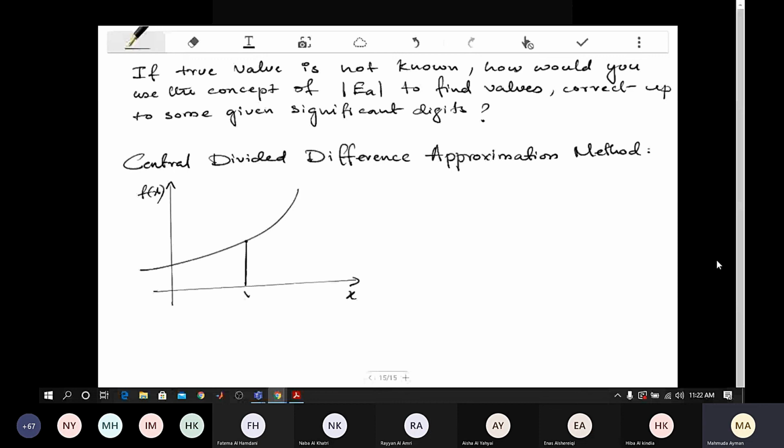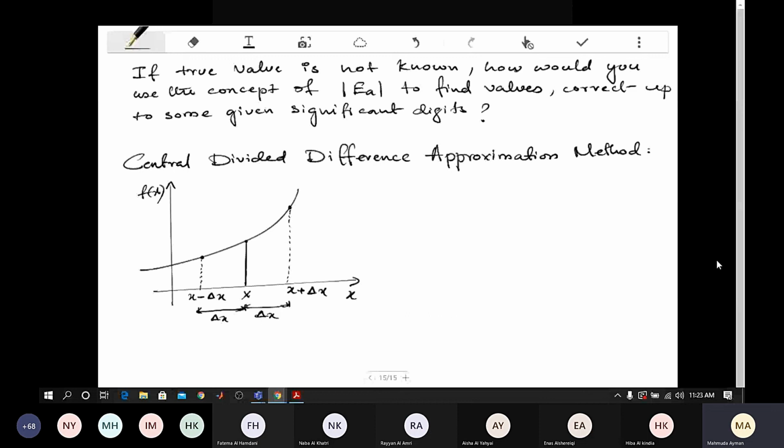Now, for the central divided difference, we have to take a point which is ahead of x somewhere here, which will be x plus delta x, and also a point behind x, somewhere here, which is x minus delta x. So the distance between these points is delta x, and the distance between these 2 points is also delta x.